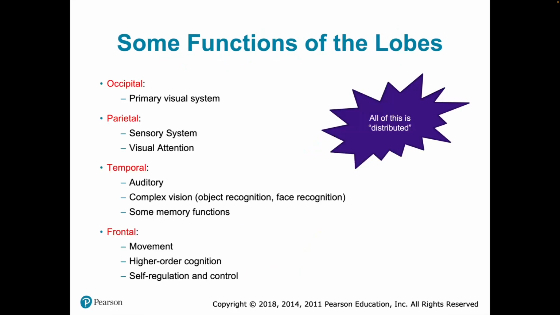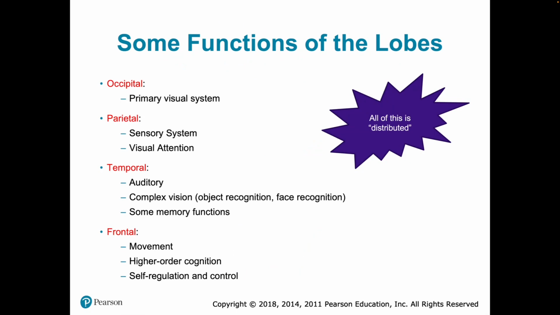So these lobes are pretty big and often have a number of different functions to them. But here are just some of the functions of the lobes that are going to be important for later in this class. So the occipital lobe, the most posterior lobe of your brain, includes your primary visual system.